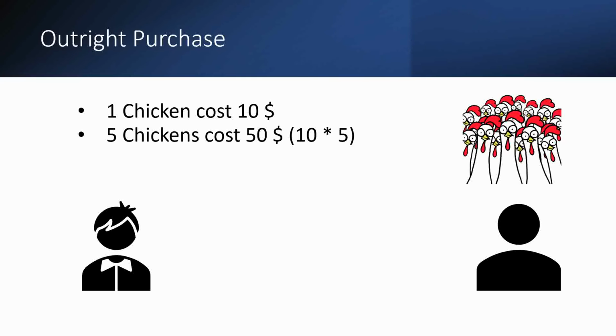So at market price, which is today, I am purchasing 5 chickens outright, which is going to cost me $50. So that's the simplest scenario.